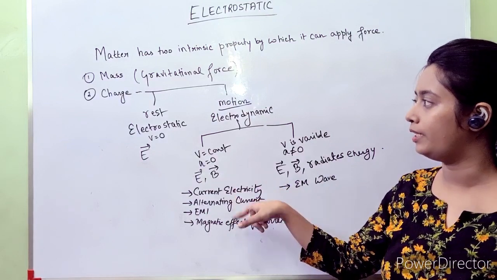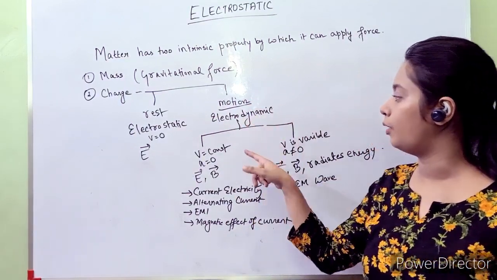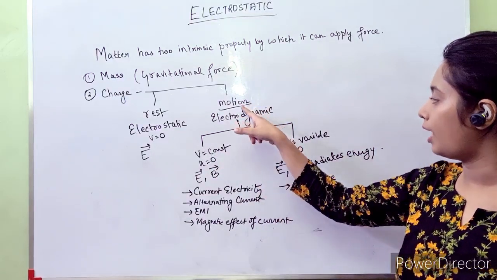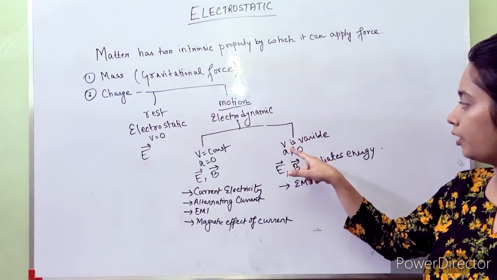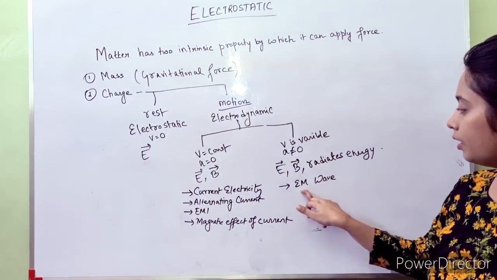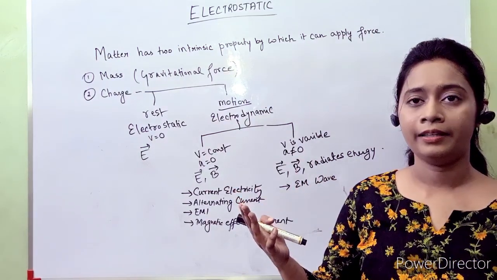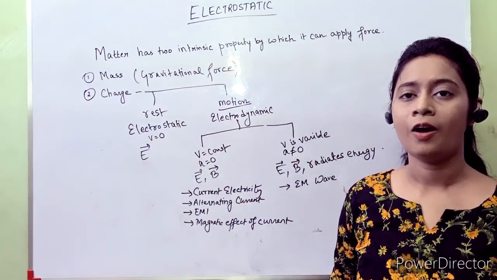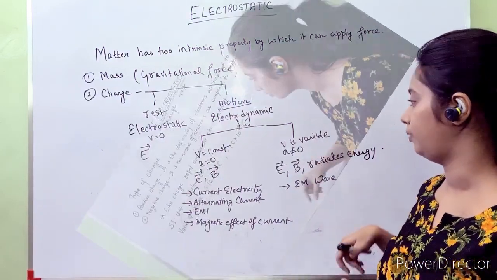We will cover all these chapters when the charge is in motion with constant velocity, and when the charge is moving with variable velocity, that means accelerated charge, then we will cover the chapter electromagnetic waves. Our visible light, X-ray, gamma ray, all are included in electromagnetic waves.